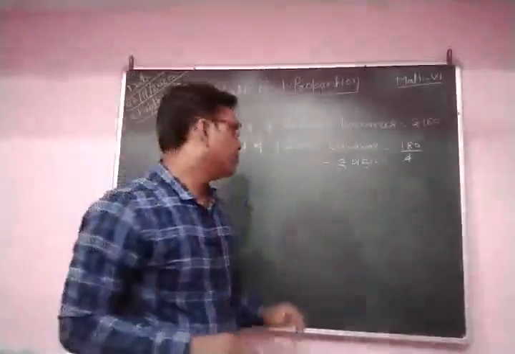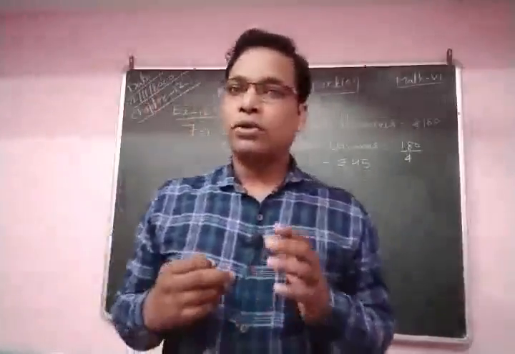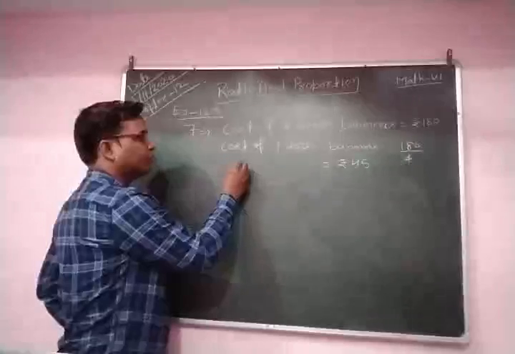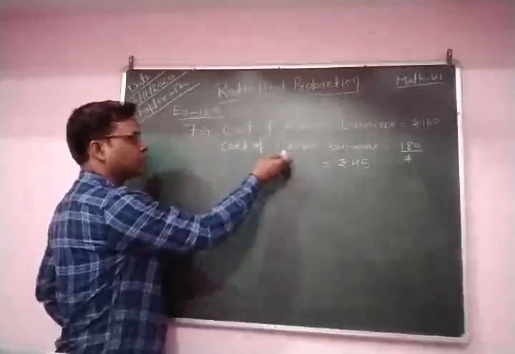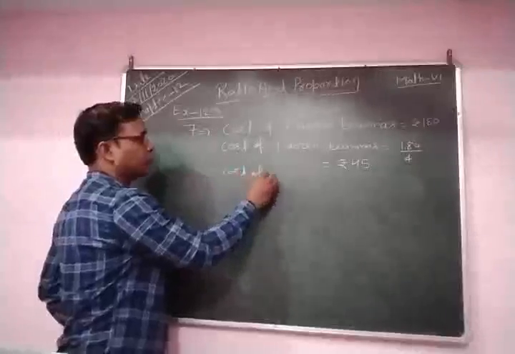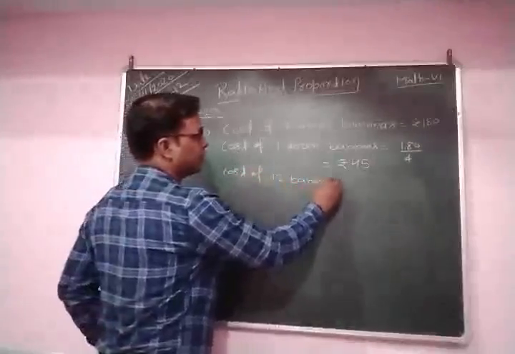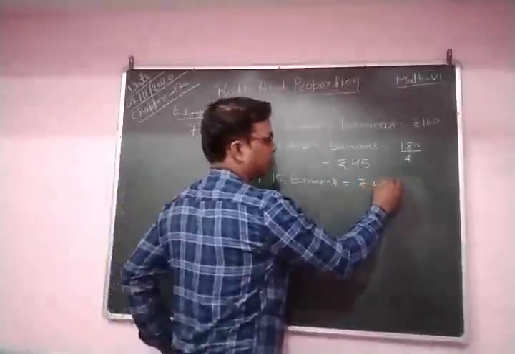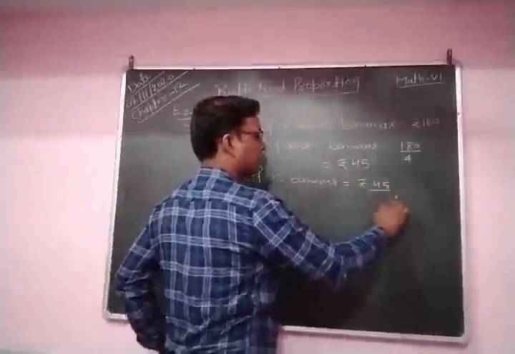Also you know very well 1 dozen is equal to how many bananas? 1 dozen is equal to 12 bananas. So you can write here, this is equal to the cost of 12 bananas. The cost of 12 bananas is equal to rupees 45.